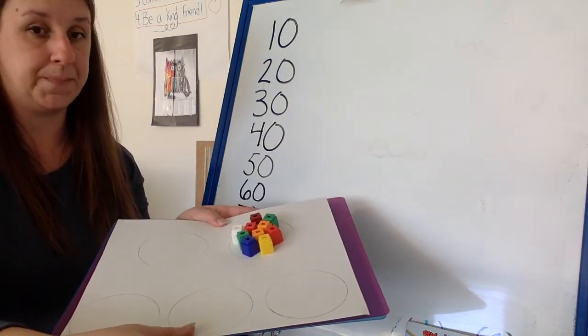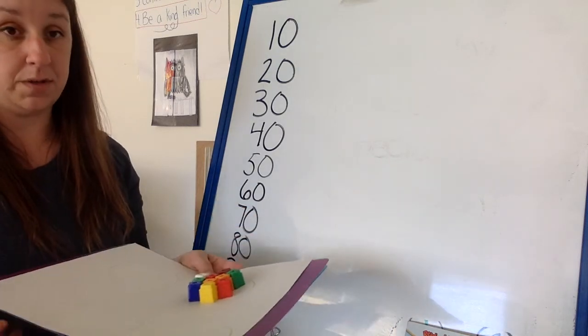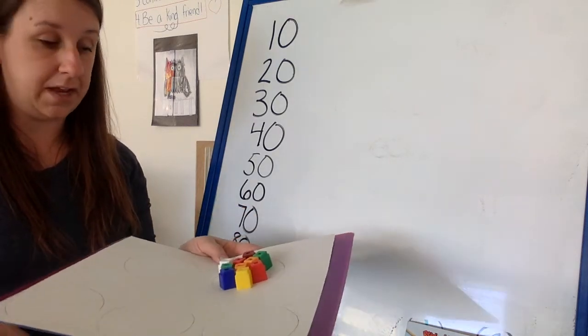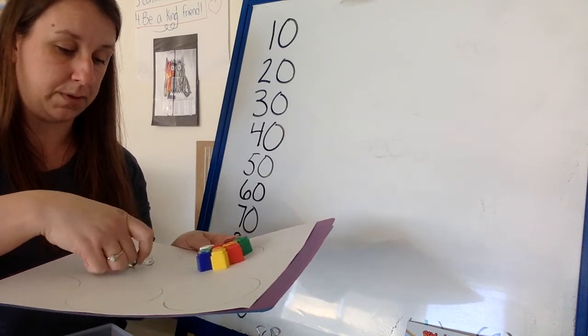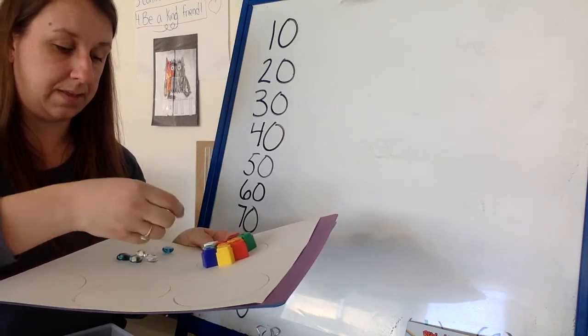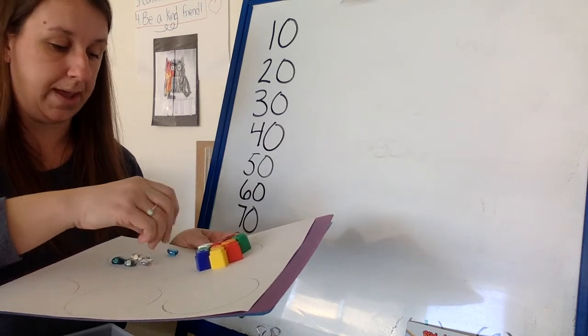See that? And you don't have to use all the same thing. I have 10 cubes there. I can use 10 counters, marbles, or whatever here. I like these because they don't roll away.